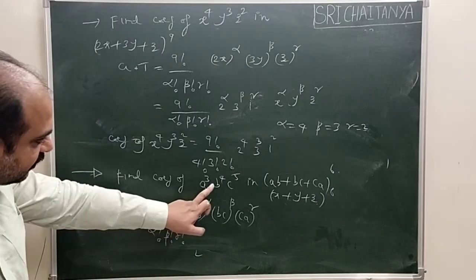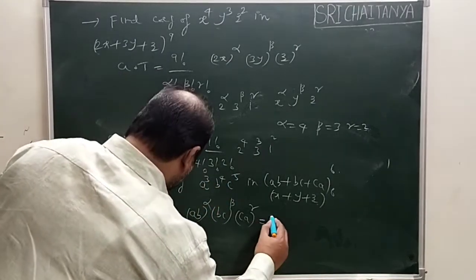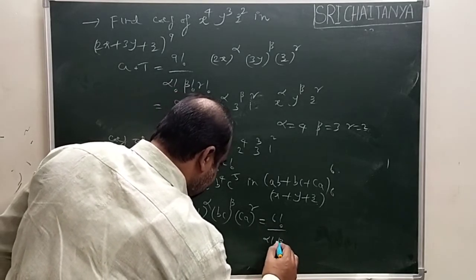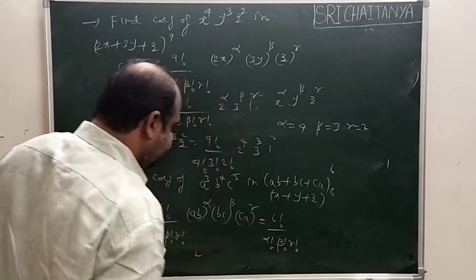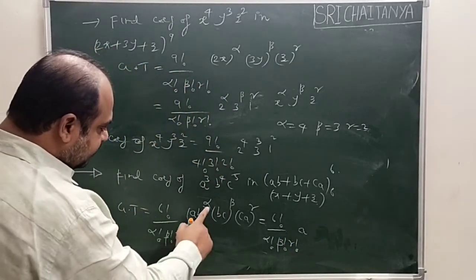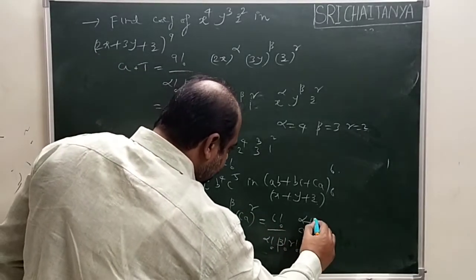He is asking the coefficient of this. So therefore 6 factorial divided by alpha factorial into beta factorial into gamma factorial, a to the power what is there? Alpha plus gamma.